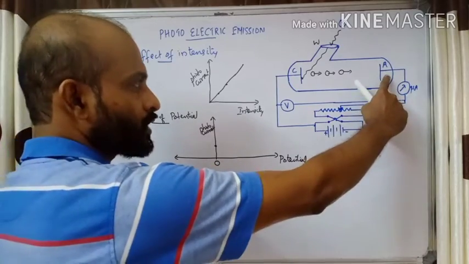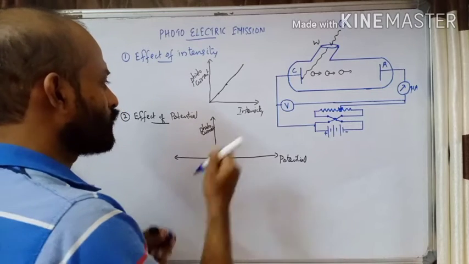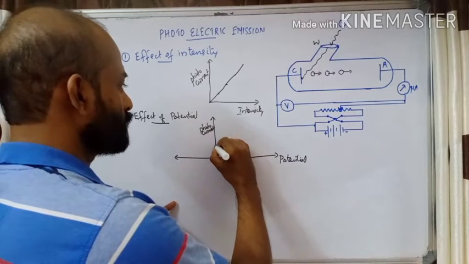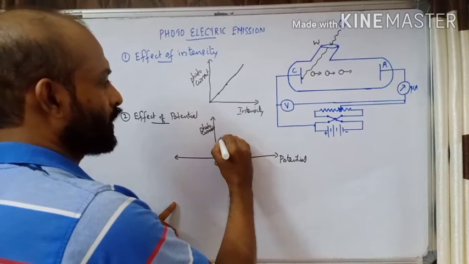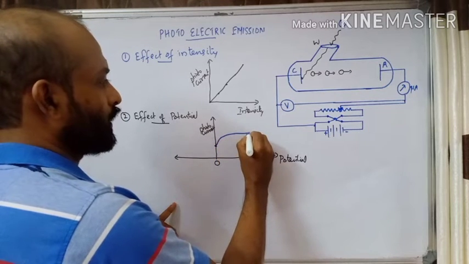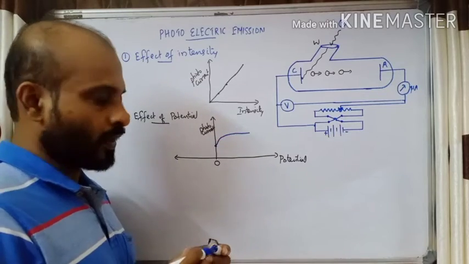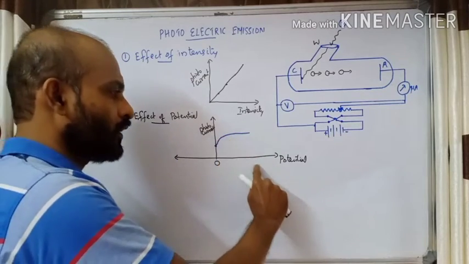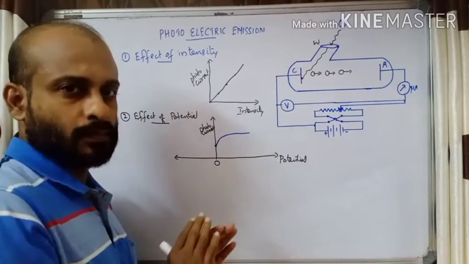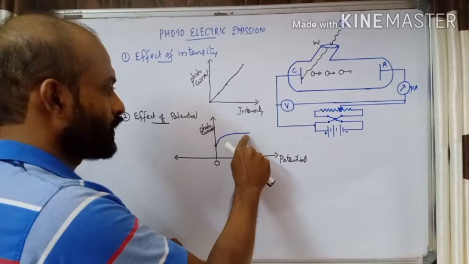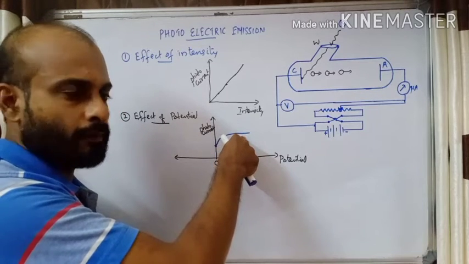It is observed that the photocurrent also gradually increases. But at a particular voltage, the photocurrent becomes steady. It cannot increase further. Even if we increase the potential, electrons reaching the surface are at maximum. This current is called the saturation current.